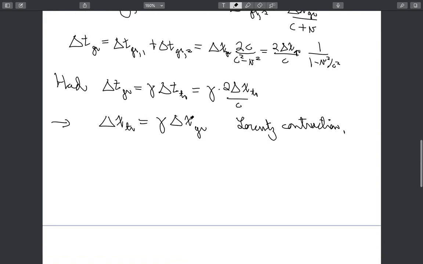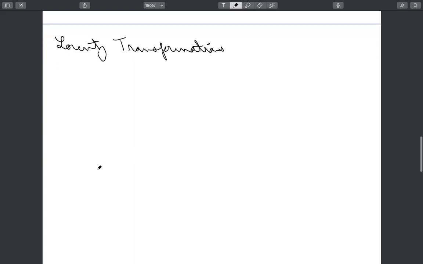Now, when we go from one frame of reference to the other, we want to have equations relating the various coordinate systems between them. And that's when we come to Lorentz transformations. So let's just recall very briefly how that goes with a very, very simple example.